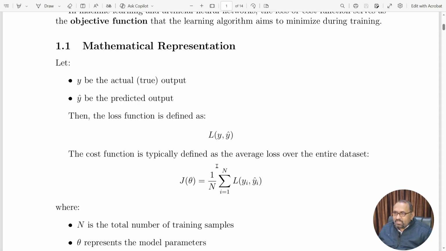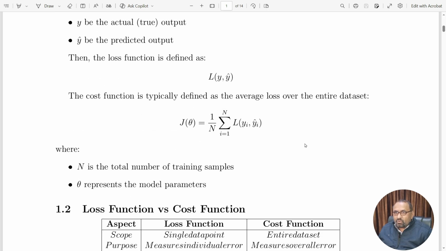The cost function is typically defined as the average loss over the entire data set. Note this point: the average loss will always be over the entire data set. We sum up the notation as J(theta) equals 1 upon n, summation i equals 1 to n, L(y, y cap).